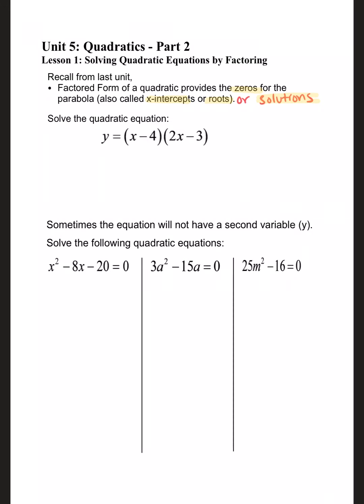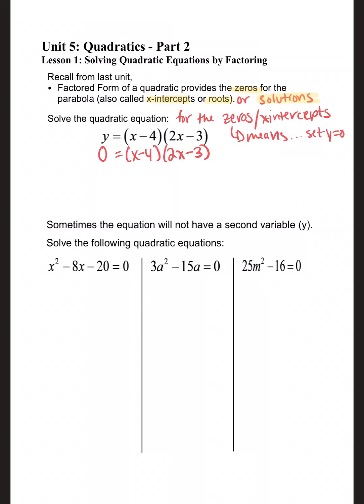We're going to look at this equation here and think about it: if this equation is 0, or if y is 0, what will my x values have to be? So for the zeros, just to refresh from last unit, for the zeros or x-intercepts, that means we're going to set y equal to 0 and then solve for x.